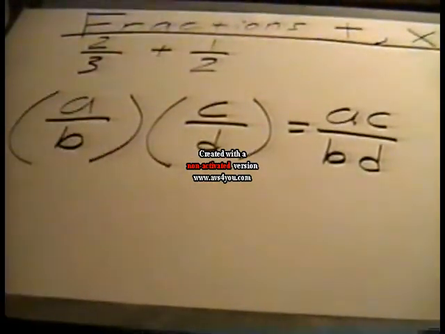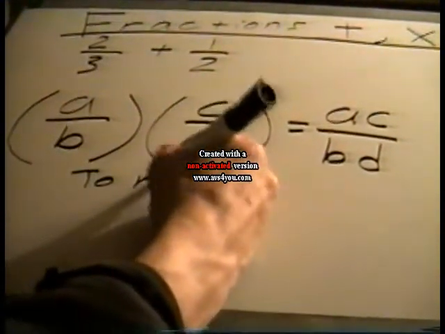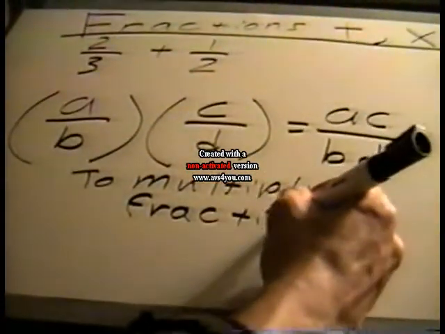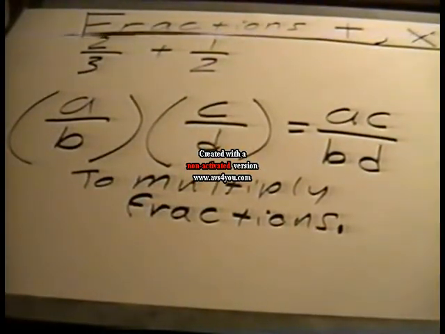So anytime you have an addition of two terms, and those terms are fractions, they must have the same denominator in order to be added. And this is the algebraic form that it takes as an equation.